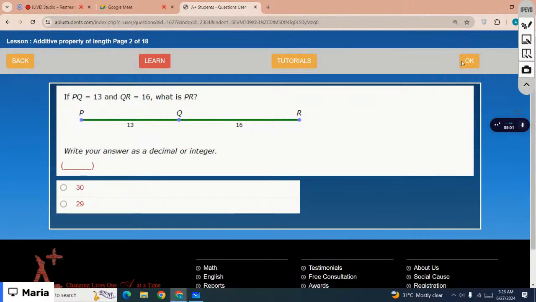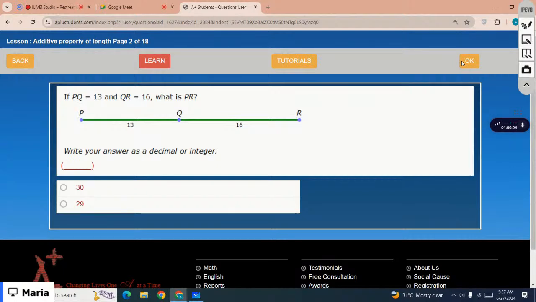If PQ equals 13 and QR equals 16, what is PR, which is the correct option? PR equals PQ plus QR.